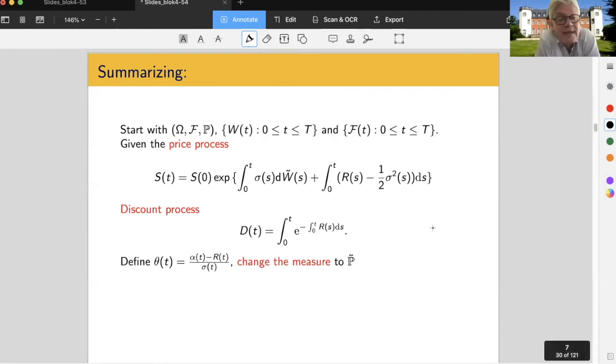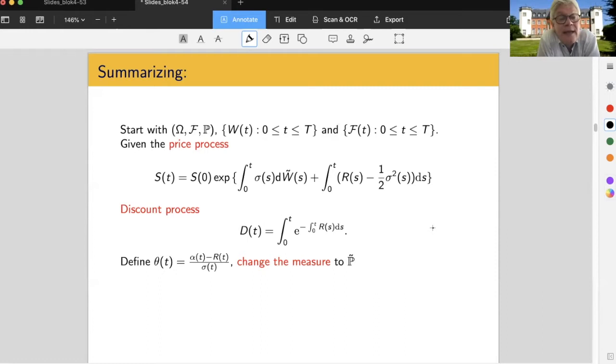Moreover, we had a theta function defined, theta t, and it was defined as alpha, the mean growth rate of the stock, minus rt, the interest rate, divided by sigma t, the volatility. And we use that to change the measure from P to P tilde.